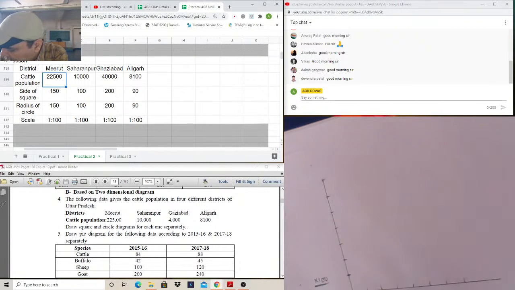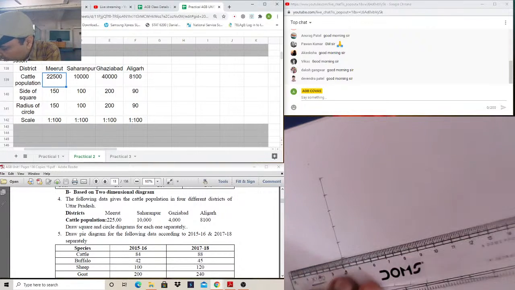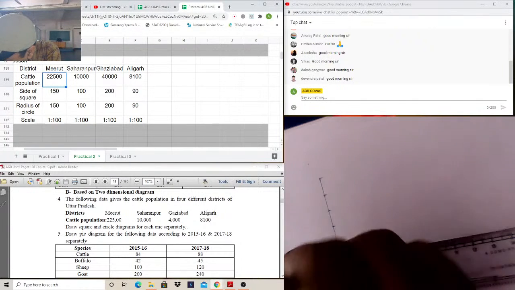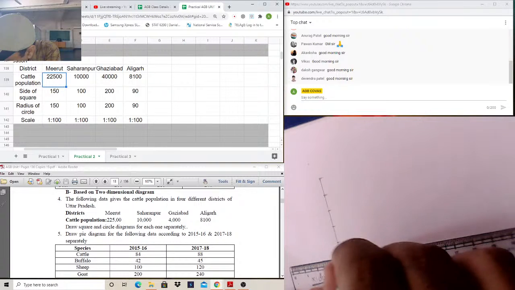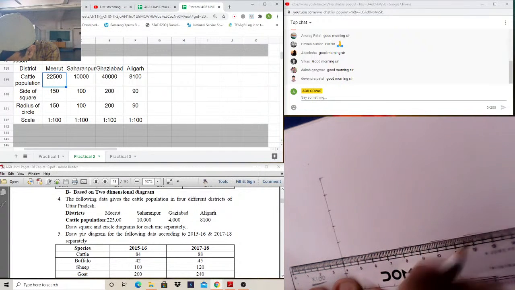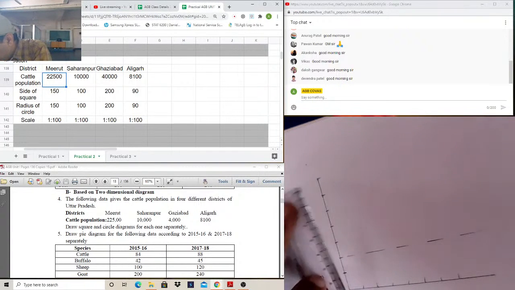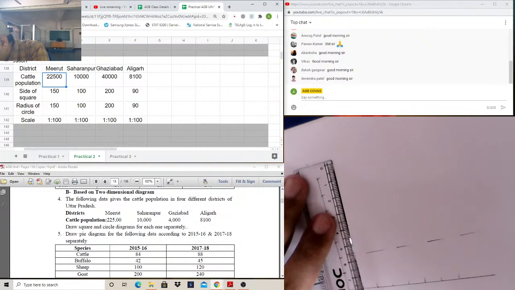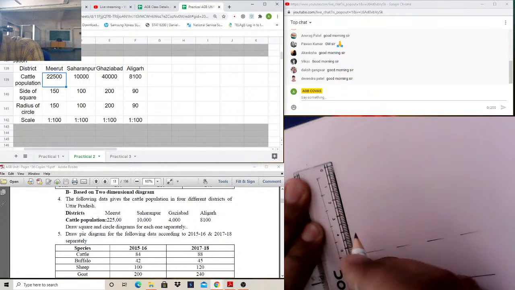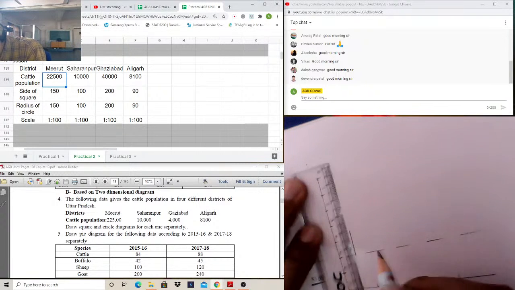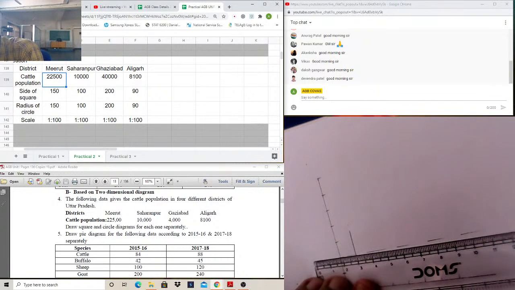Now, because these are not absolute values, you can make all these from any reference value. For example, here I will be making my squares from this. If I am starting from here, the first one is 1.5, so it has to be 1.5 on this side, and 1.5 on this side.